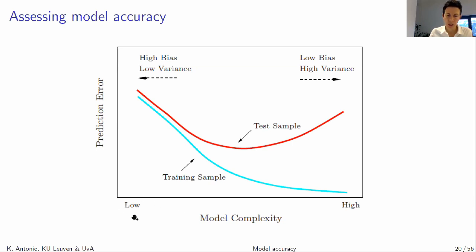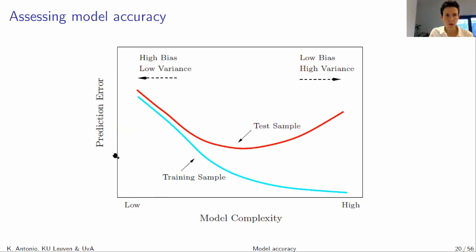At the left side of the x-axis, I find models like a linear regression model, a lasso regression or a generalized linear model. They are low in complexity, so they are very interpretable and simple to express and to estimate. Here I find models with a high level of complexity, such as gradient boosting or neural networks, etc.